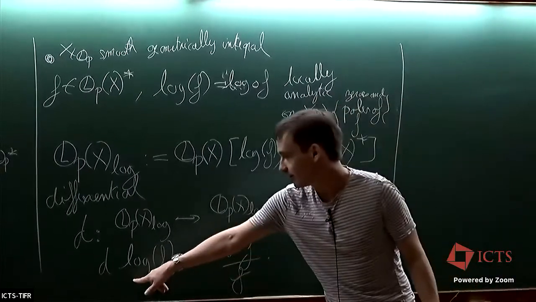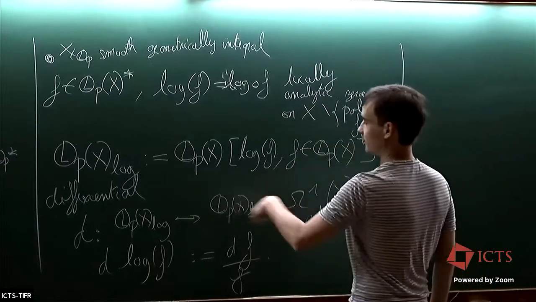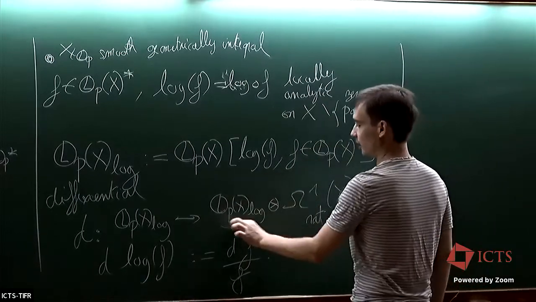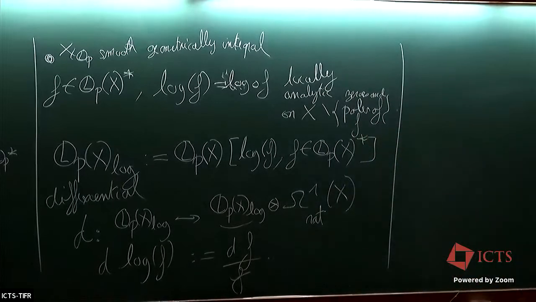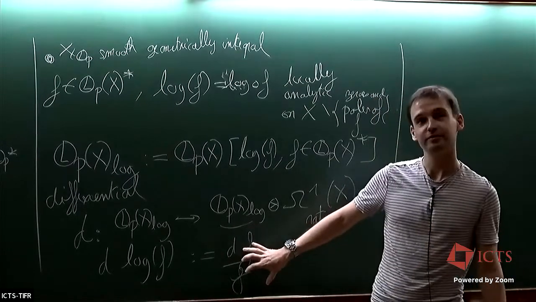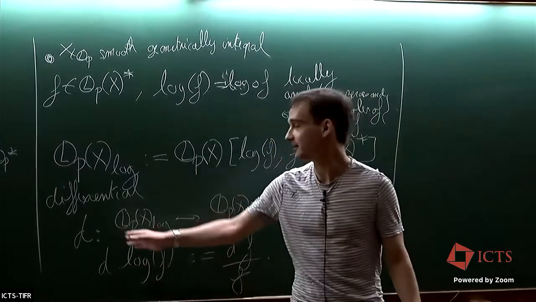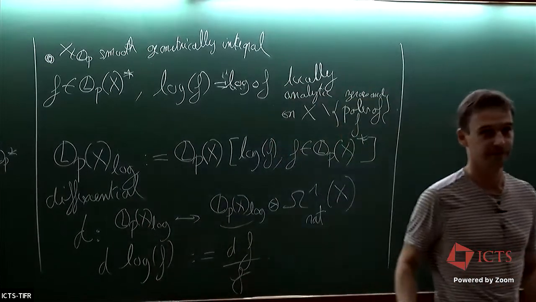For this case of log f, of course, in general you might have some bad things happening, which is why you still need to extend your space. You might still get inside Qp(X) log. But that's very important. It means, in other words, if you think about df over f itself, you have found a primitive, which is here. But you have needed to extend your space of functions. Okay?